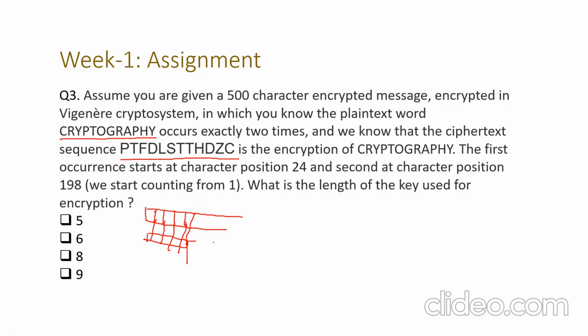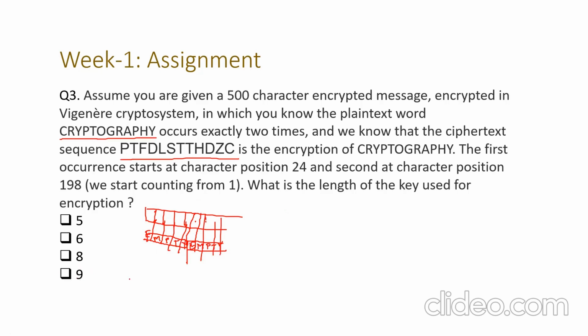So here your key ends, and then again for the next particular value, you start using the same key, right? So let's say the key is empty. Again, you use the same key value. Like this, it goes on.